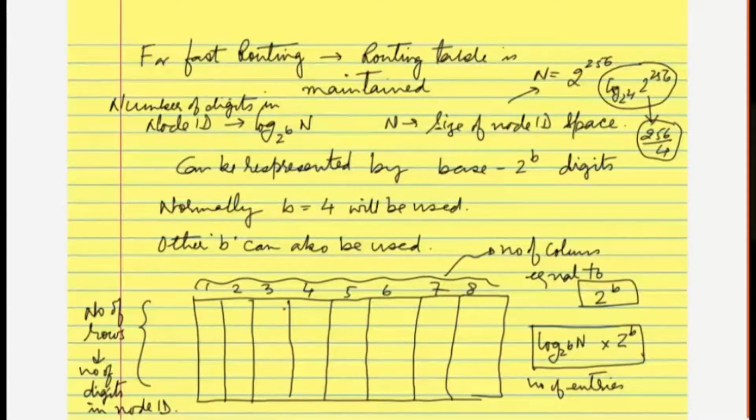So how many hexadecimal digits can there be? 256 by 4, so those many rows will be presented here. Depending on the hexadecimal number, there will be 16 columns. If b is equal to 3, there will be 8 columns. So the number of columns will always be equal to 2 raised to the power b. 2 raised to 4 is 16, so 16 columns for base 16 digits used for representing the Pastry routing.